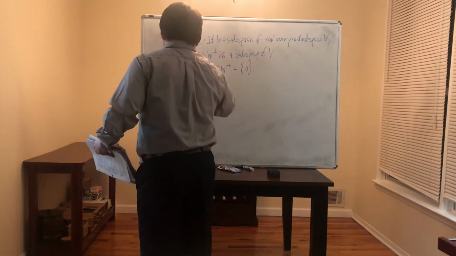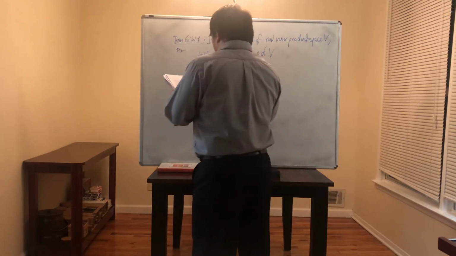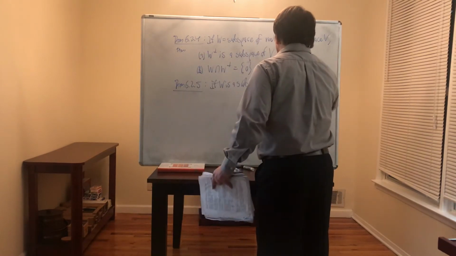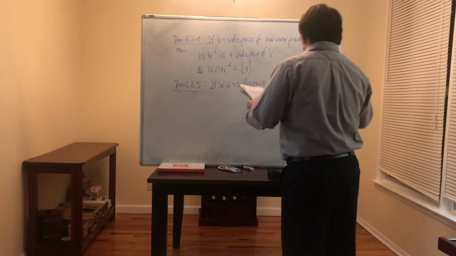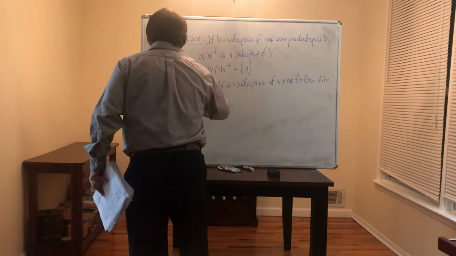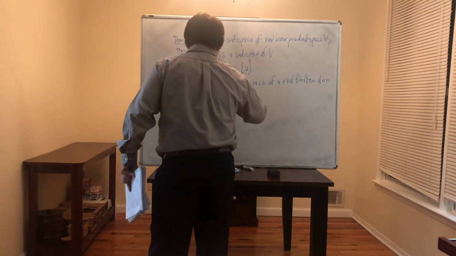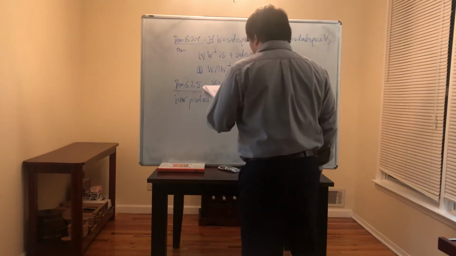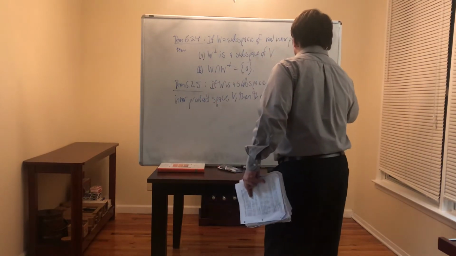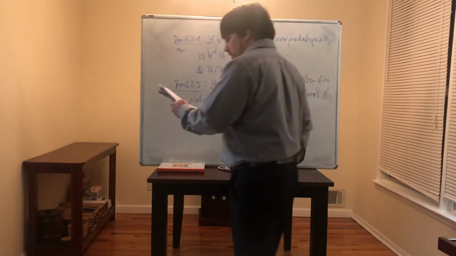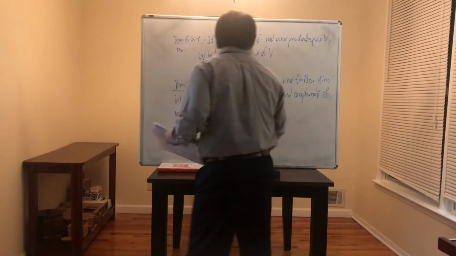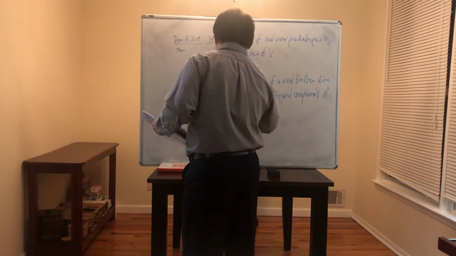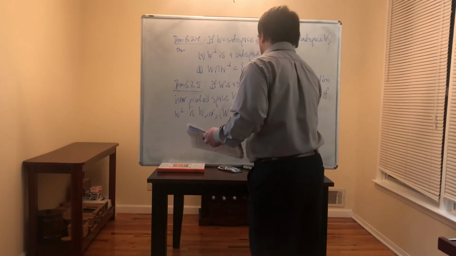Theorem 6.2.5. If W is a subspace of a real finite dimensional inner product space capital V, then the orthogonal complement of the orthogonal complement of W is W, or W perp perp is equal to W. That's something we could say is perp perp.